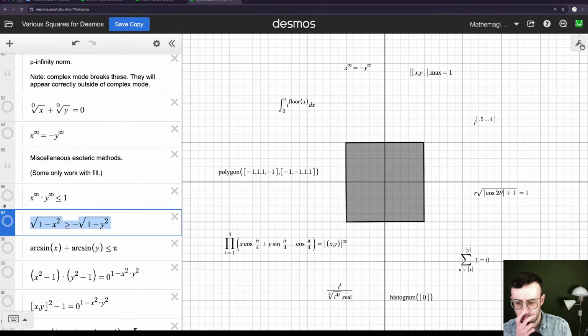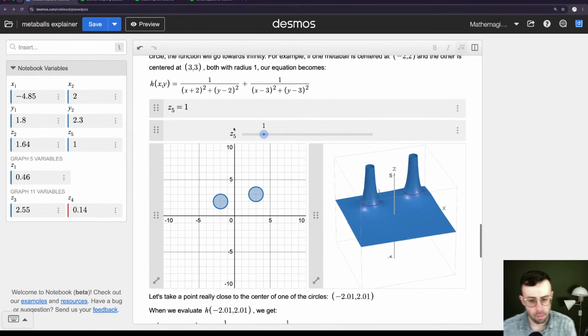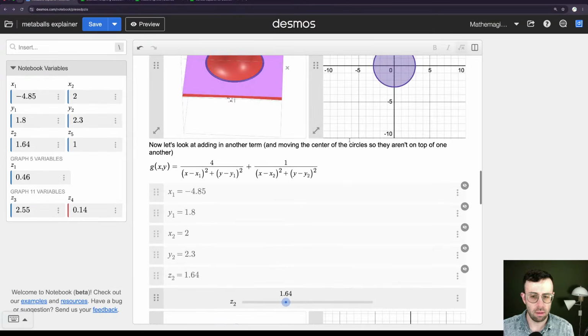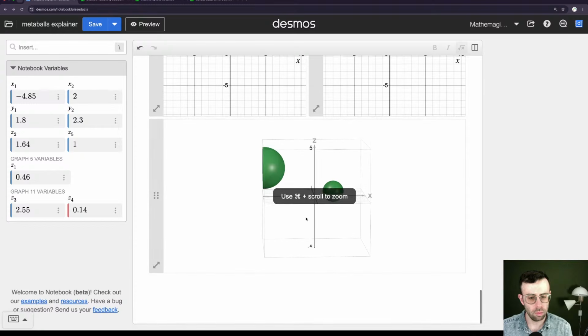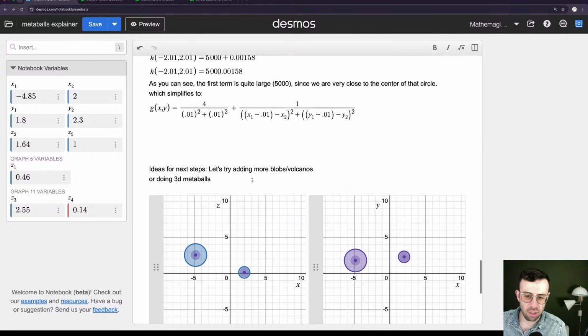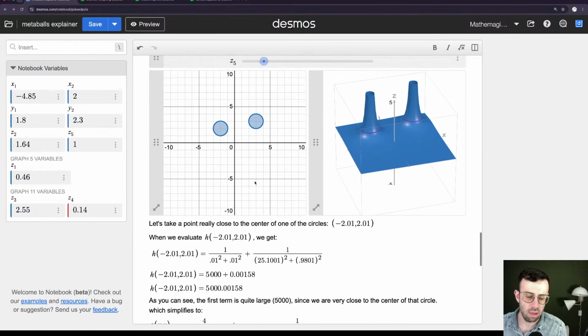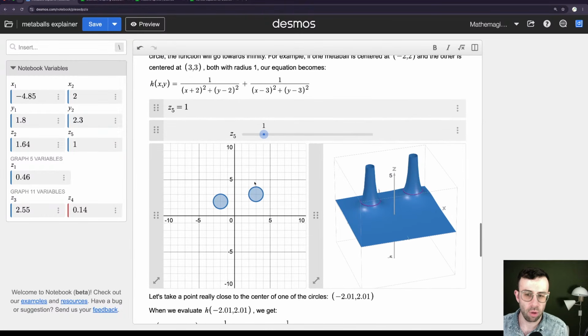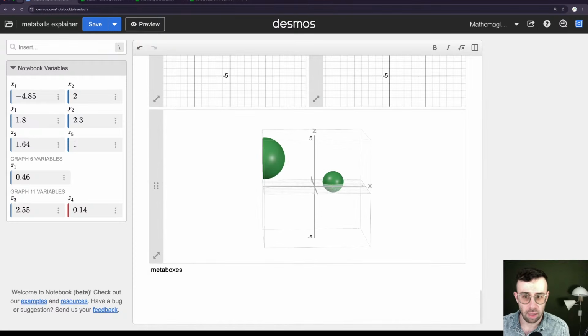Could we use this one? Let's see. Meta boxes. Yeah, I was thinking, I know I could do a huge N, and it would approach a square.